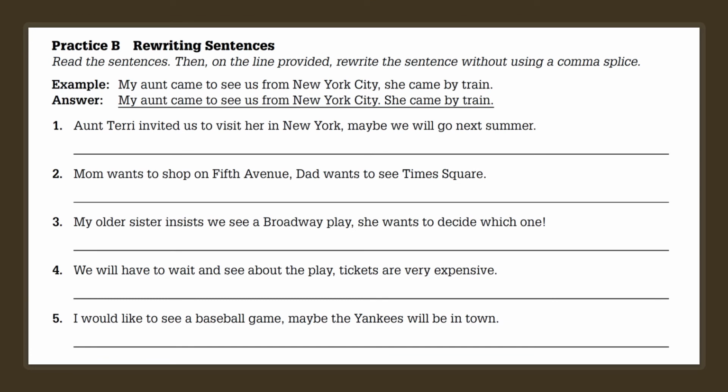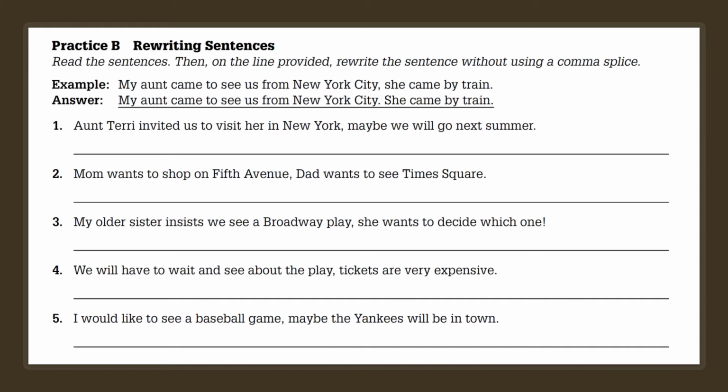Practice B, rewriting sentences. Read each sentence, then on the line provided, rewrite the sentence without using a comma splice. So let's look at this example. My aunt came to see us from New York City, comma, this is the mistake here. She came by train. So basically we change the comma to a full stop.